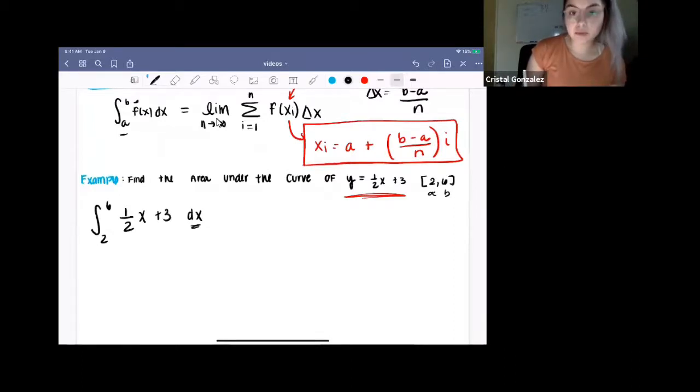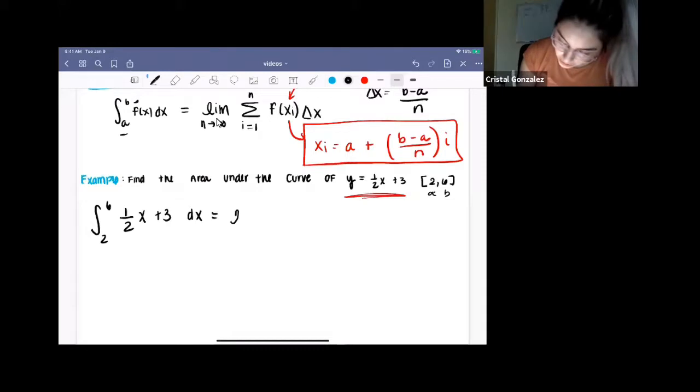That's important because that tells us what variable we're integrating, or finding the area under the curve of. Okay, and then this is going to equal, using that definition, the limit as n approaches infinity of the sum from i equals 1 to n of f of xi delta x.